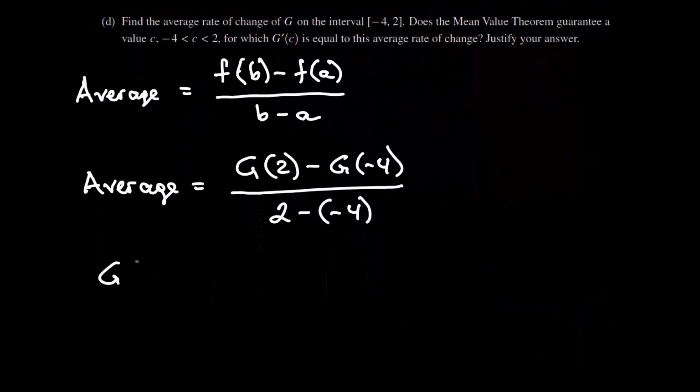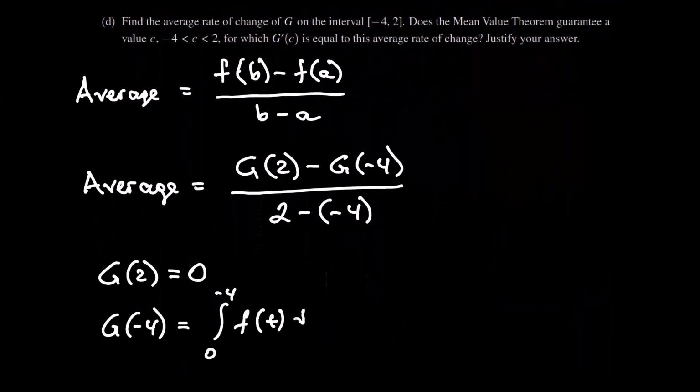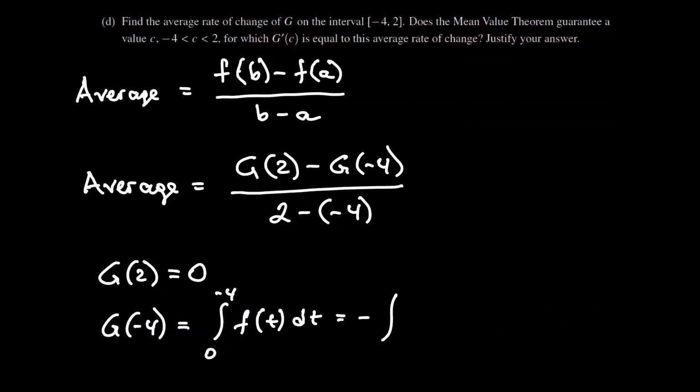G of 2, as we just saw, is equal to 0, and G of negative 4 is equal to the integral from 0 to negative 4 of f of t dt, which is equal to negative, and we just change the order of integration here, the integral from negative 4 to 0 of f of t dt.